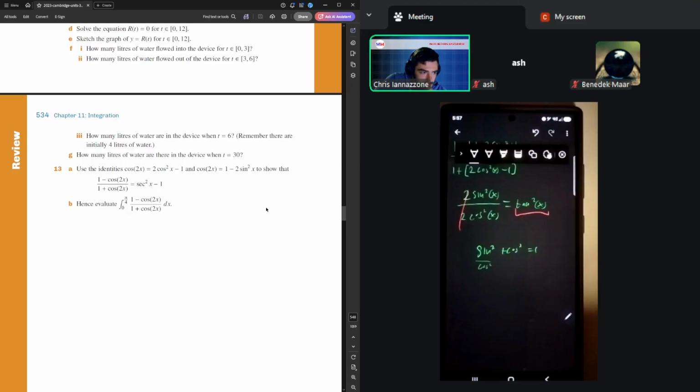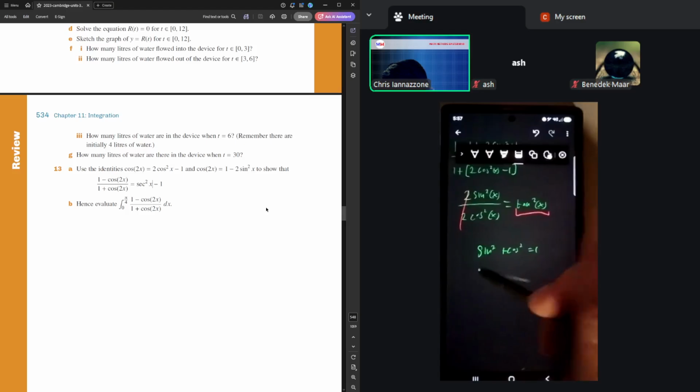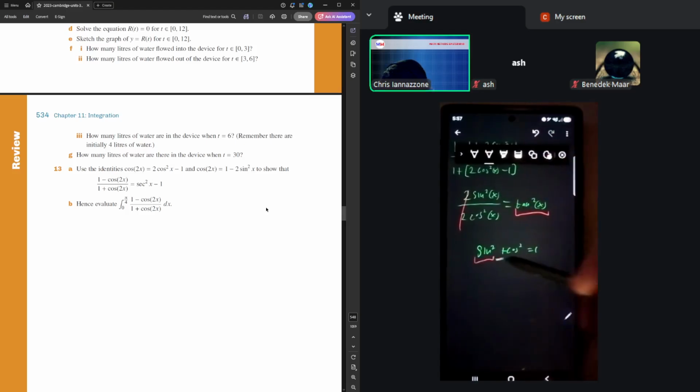Okay. There's something else we might be able to do. I think mentioning this is still pretty good. Knowing the relationship between sine squared and cos squared. Because maybe we don't want to convert this to tan.